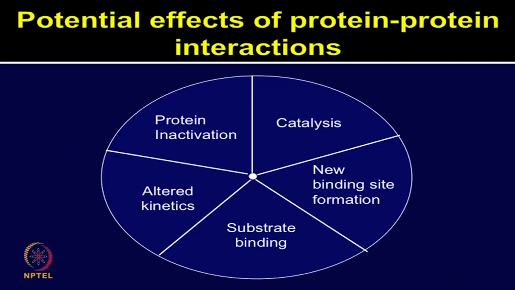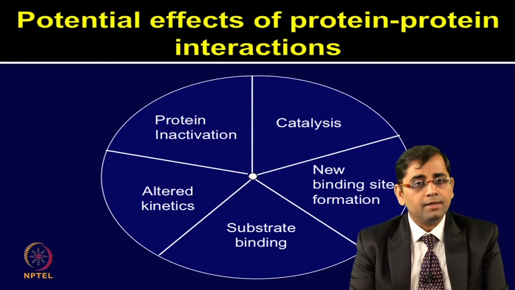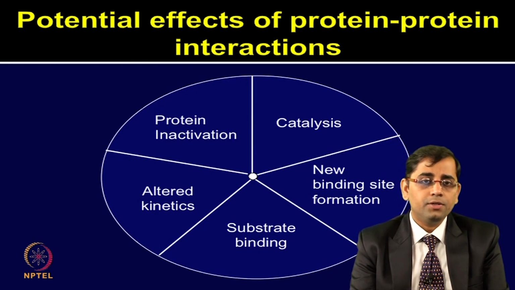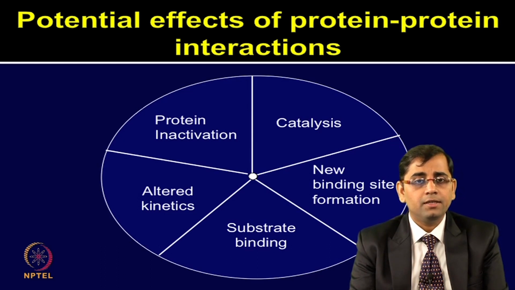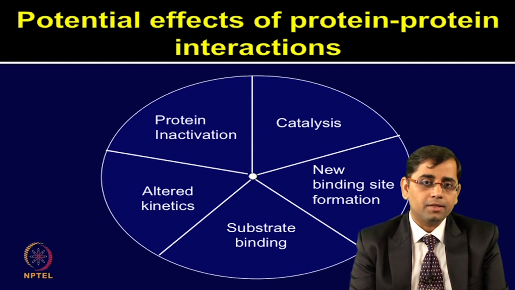As discussed earlier, protein-protein interactions have various potential effects. You can have a look at a few common effects described in this slide: catalysis, protein inactivation, altered kinetics, substrate specificity, new binding site information are a few such examples.